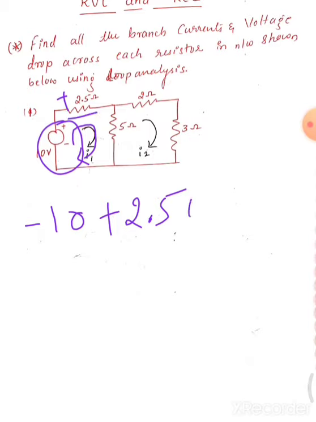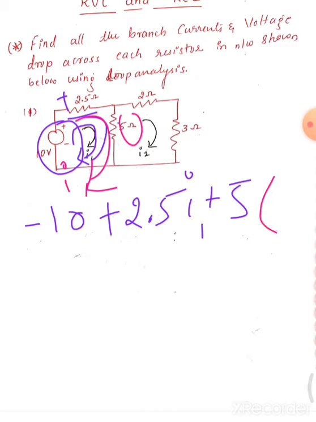So this is I1. Next, in this loop you come to the 5 ohm resistance, so it is plus 5. But the current flowing through this 5 ohm is not only I1, there is I2 as well. How to take that?